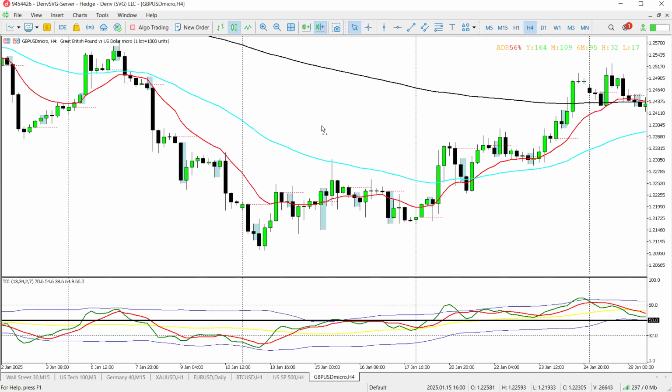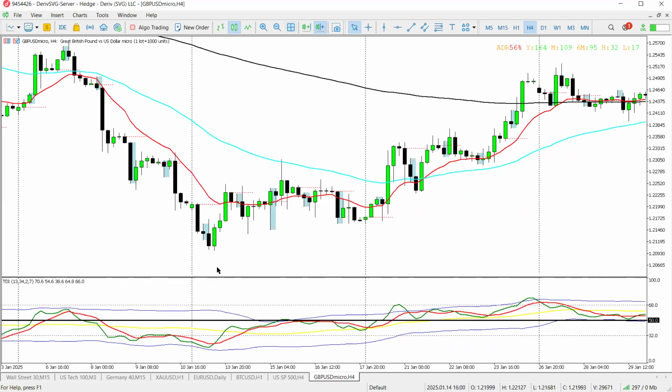So here now is an example of what I'm viewing as an SMS or a failed swing. Our price is coming down, coming down, coming down. Then once we fail to take this high, we push up, we break this level here. So for me, I think this qualifies as a BMS.